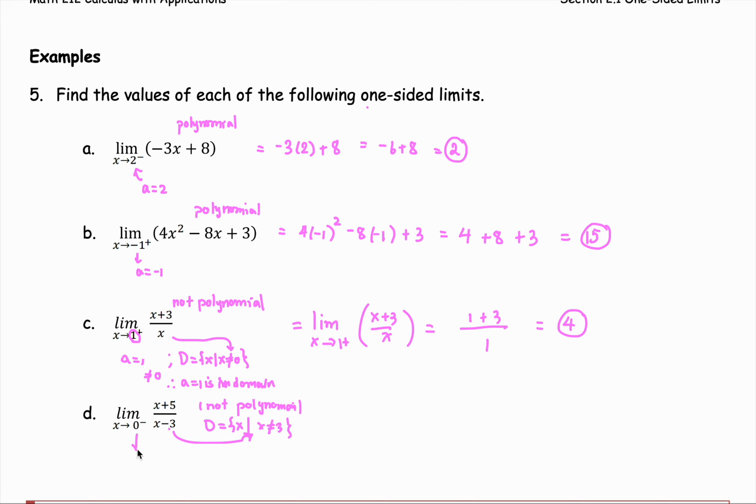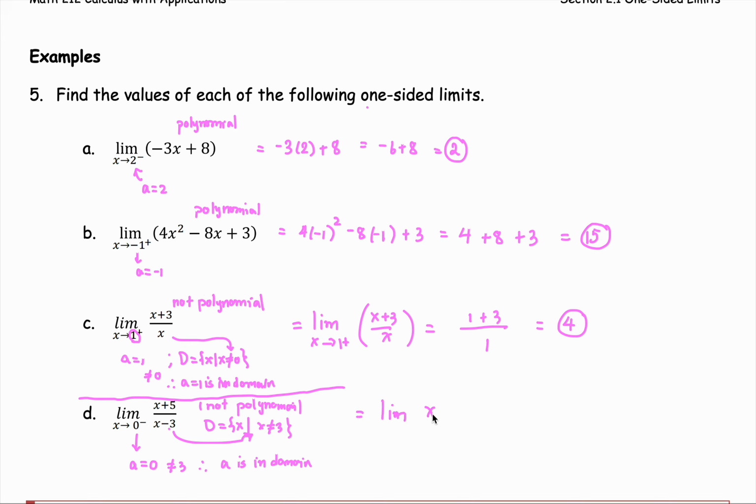And check what our a is. Our a is 0. Yes, 0 is not 3. So therefore, a is in the domain of the function x plus 3 divided by x minus 3. Similar to part C, I'm going to separate this as part C and D. So let's rewrite it again.